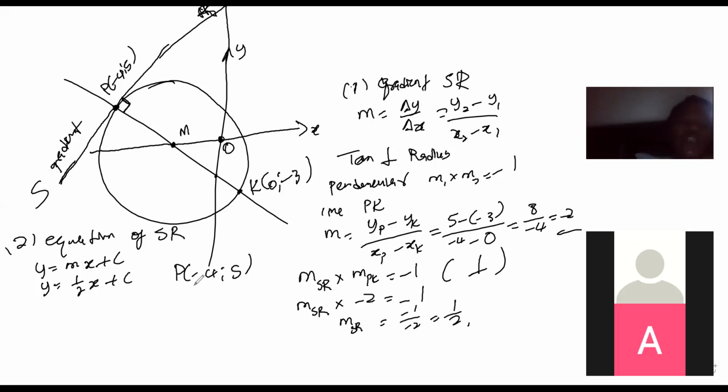So we take the coordinates of P and substitute them in the equation of the line so that we can get the value of c. So 5 equals 1/2 times -4 plus c. So we have 5 equals -2 plus c. And you see then our c is 7.